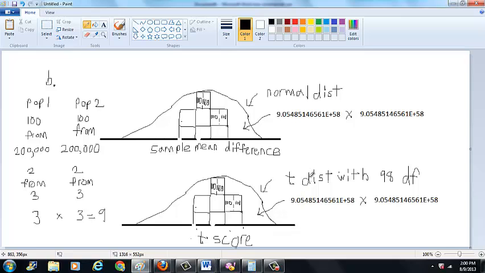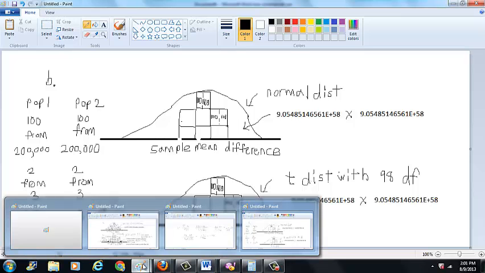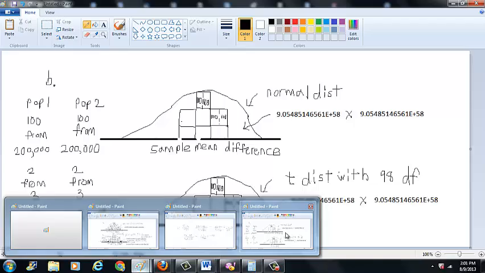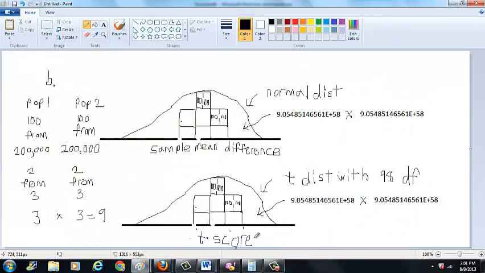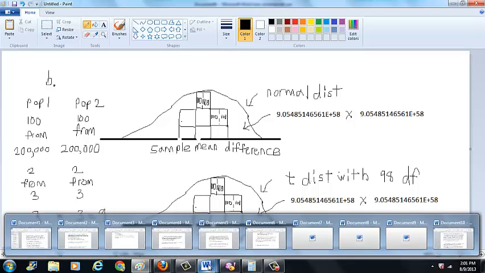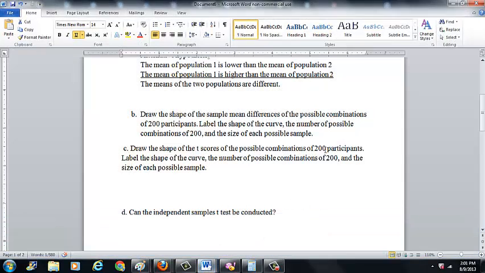You label the shape, the number of combinations, and the sample sizes inside here, and you say it's the number line of t-scores. That takes care of part C.